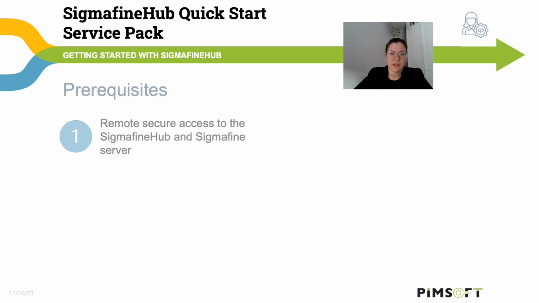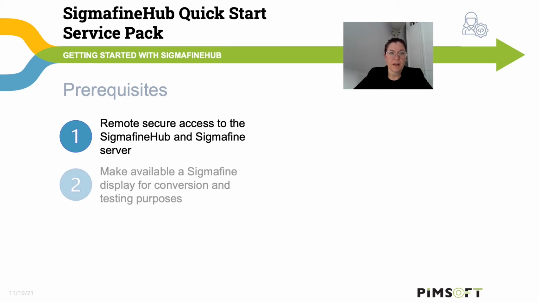Since this training is provided remotely, a secure remote access must be granted through a dedicated VPN or equivalent to the Sigmafine Hub and Sigmafine Server. Then, at least one Sigmafine display must be available in order to test the conversion, one display for each participant, and the selected display must be correctly synchronized with the Sigmafine model.